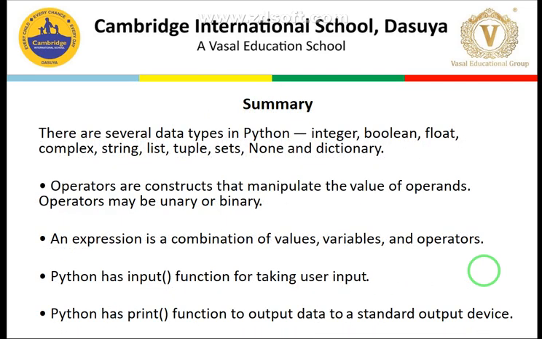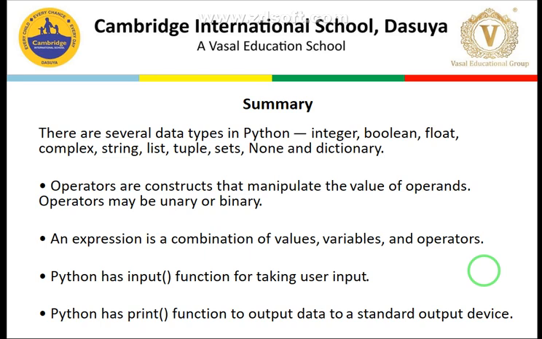Then a few more points. There are several data types, like integer, boolean, complex, string, list and so on. Operators we have covered. We have basically a unary operator and a binary operator. A unary operator works on a single operand, a binary operator works on two operands. Then expressions.